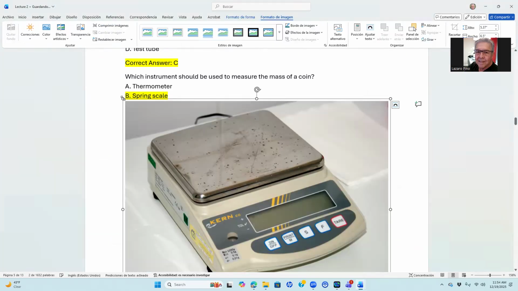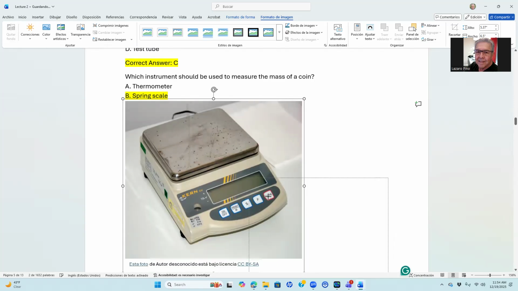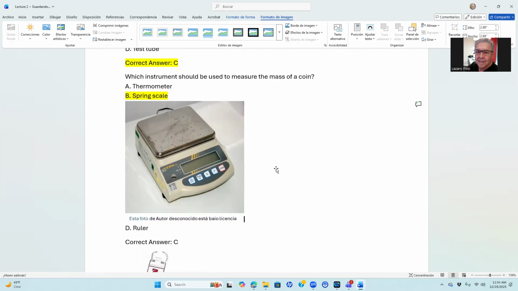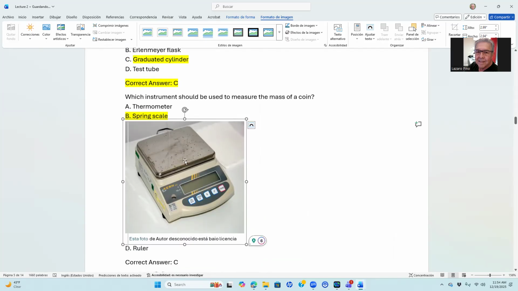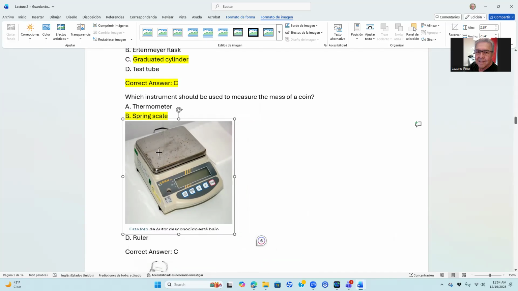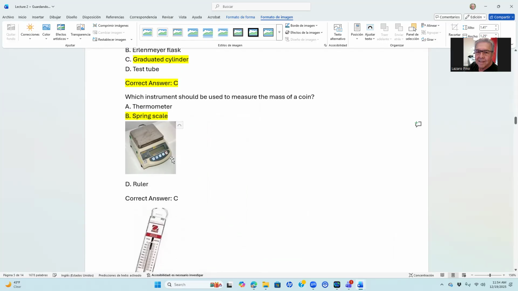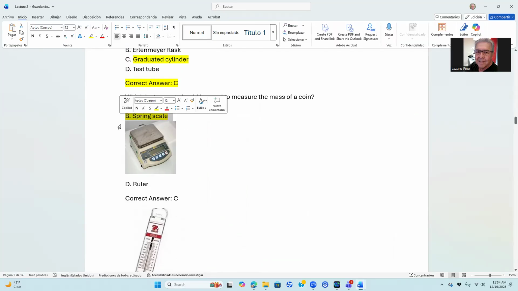This is the instrument that you're supposed to use. You can say a scale, or you can say a balance. That's the correct answer for this question.